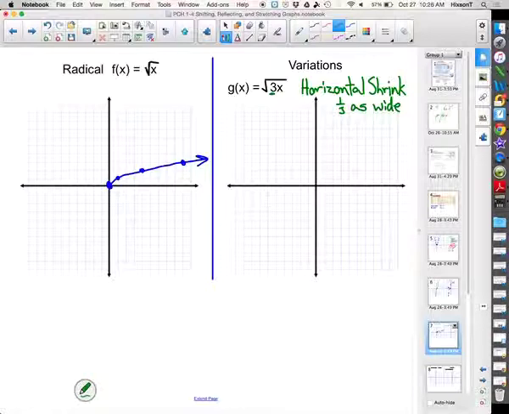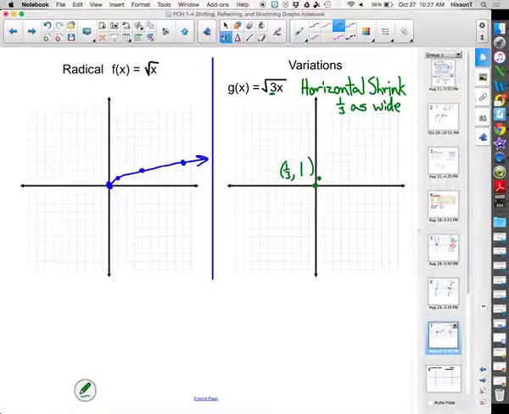Alright, so we're still going to hit 0, 0, but instead of 1, 1, we're going to be at 1/3, 1. Okay? So here's 1/3, 1. And instead of 4, 2, we're going to be at... we're not doing anything on the calculator right now, so you guys can look up here.